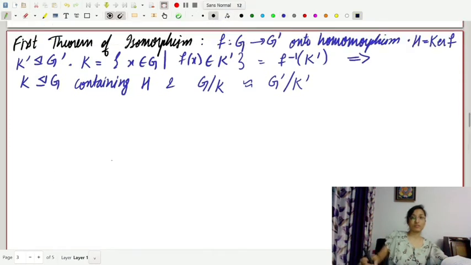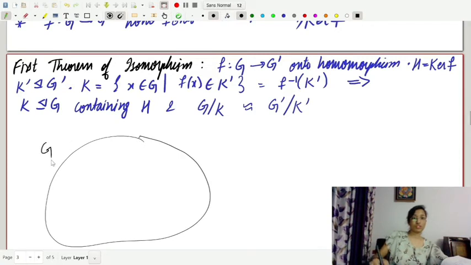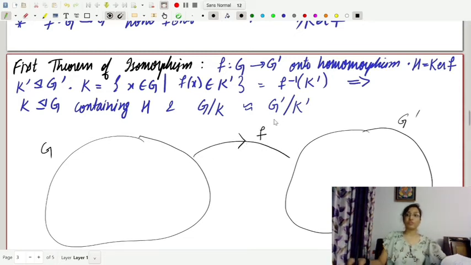Let's see its visualization. This is G, this is G dash, and this is an onto homomorphism from G to G dash.